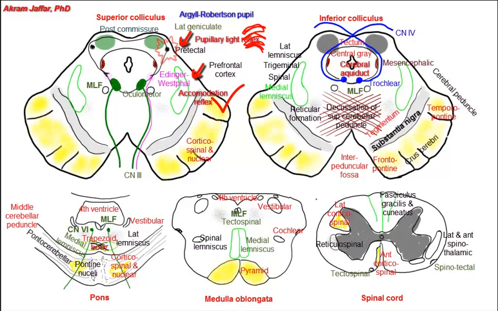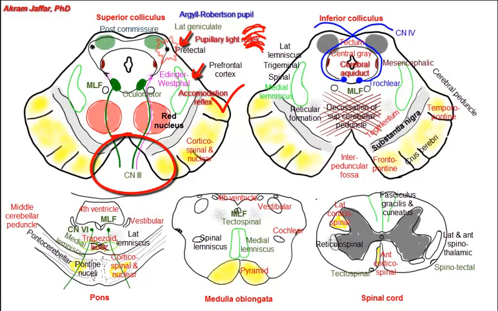The fibers of the motor nucleus of the oculomotor pass anteriorly through the red nucleus. This is the site of the red nucleus. It is a characteristic feature of a section at the superior colliculus. The oculomotor nerve passes through the red nucleus and emerges on the medial side of the crus cerebri in the interpeduncular fossa.